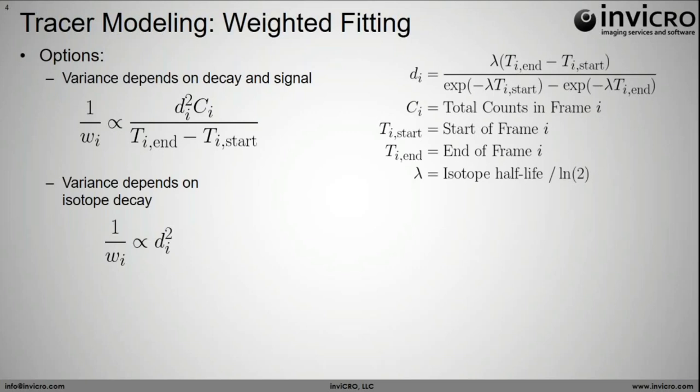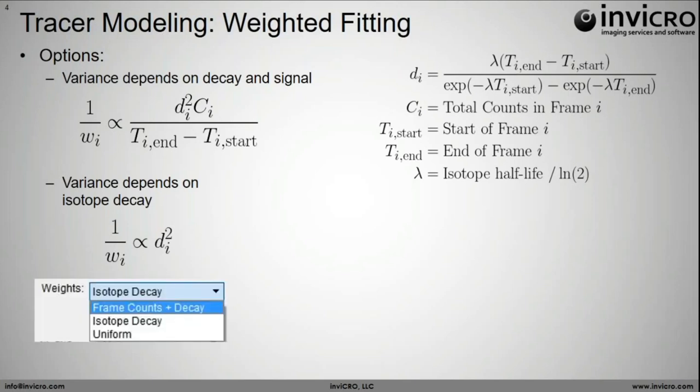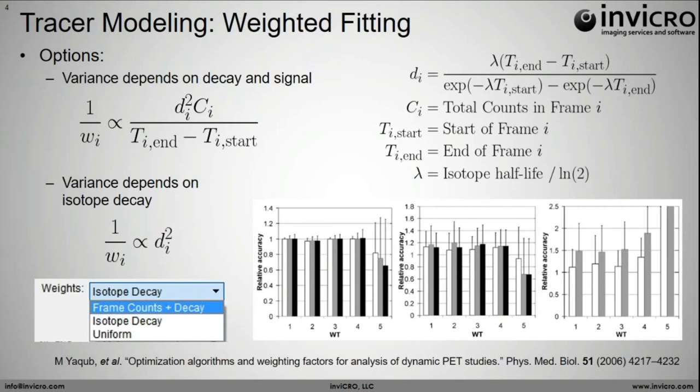To do so, there are a number of new ways to weight those time points. One of them depends on the amount of signal you have in that frame, as well as the isotope decay. Naturally, your signal goes away as your isotope decays over time. And then we also have decay-based correction all on its own. This introduction is justified by previous research from our academic community.